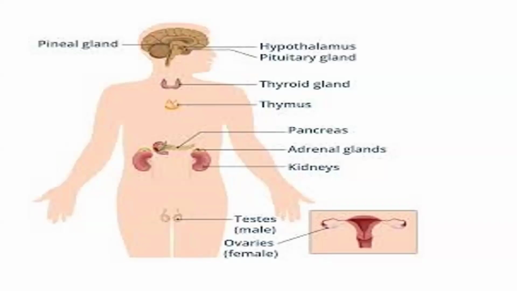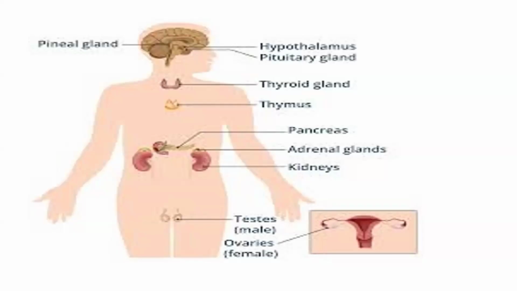The body comprises several glands, but for NCLEX purposes we are going to deal with these majorly. The first is the hypothalamus, followed by the pituitary gland. As you can see on the diagram, the hypothalamus, the pineal body, and the pituitary gland are located in the CNS, the central nervous system.